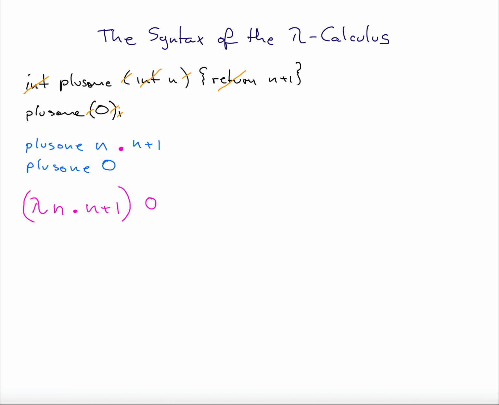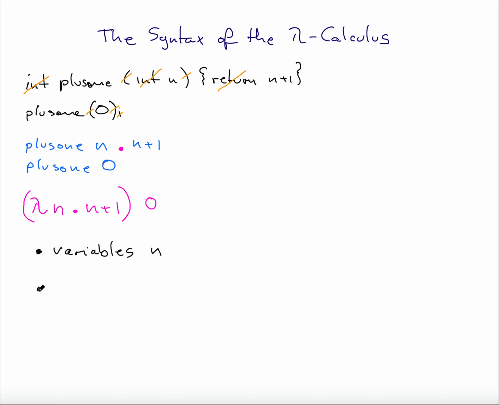So let me summarize what lambda calculus is. What are the features of a lambda calculus? So we have variables. n is a variable here.